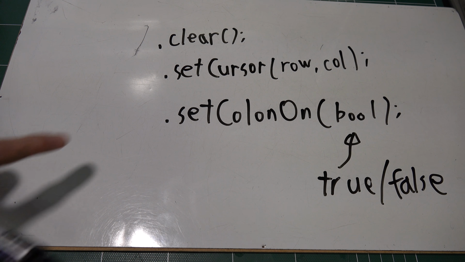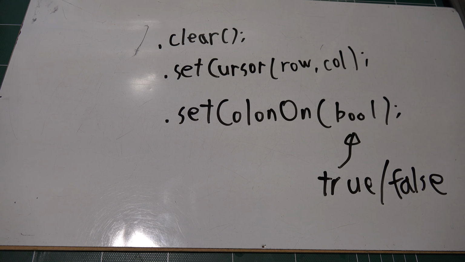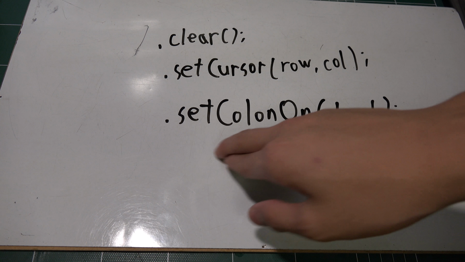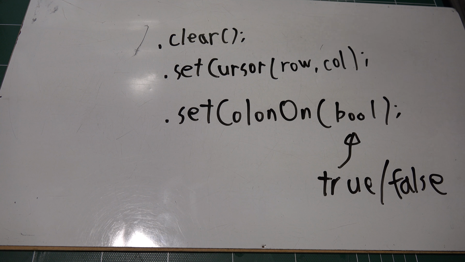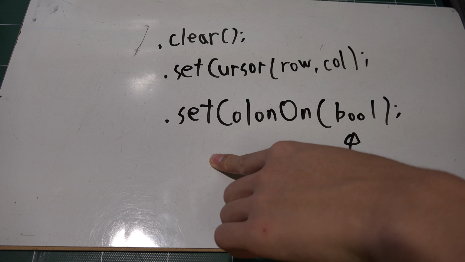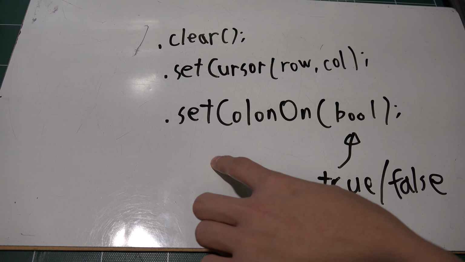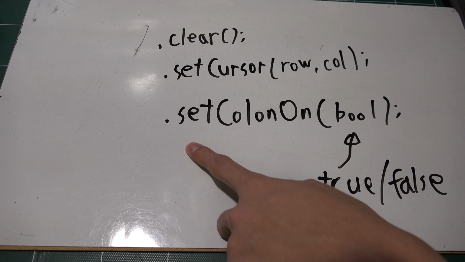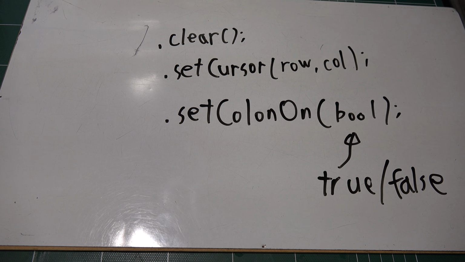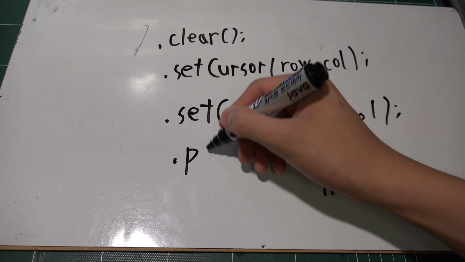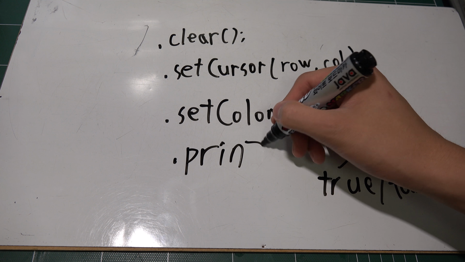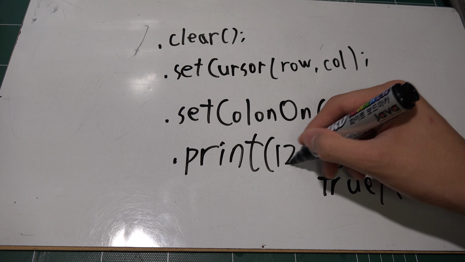But if you just write this function in a program like this, the colon will not pop up or pop down. You have to write print right after this function. For example, you have to write print 1 2 3.